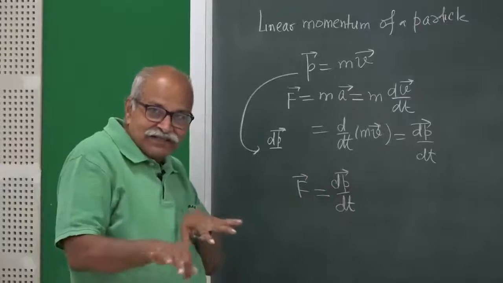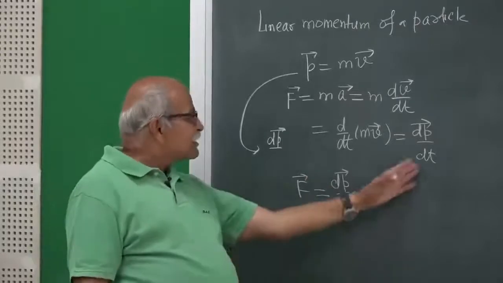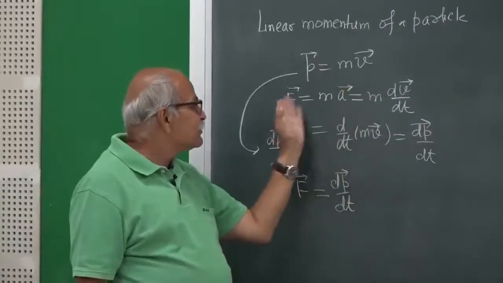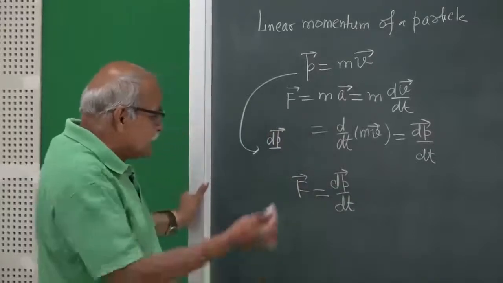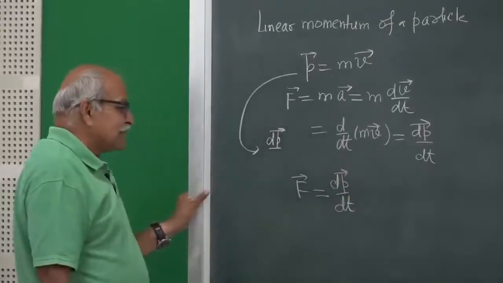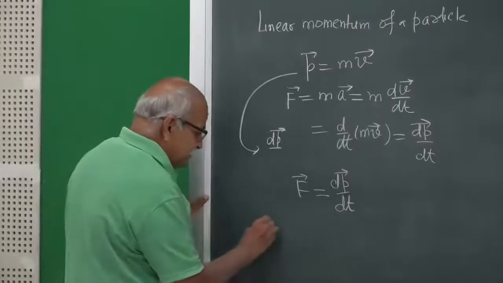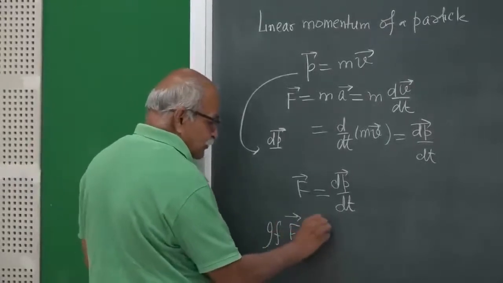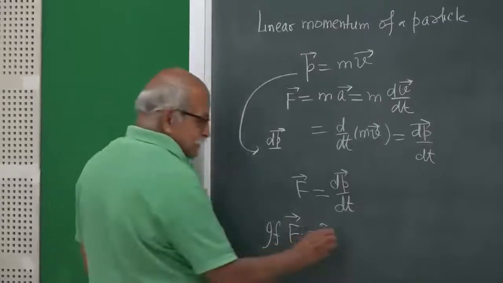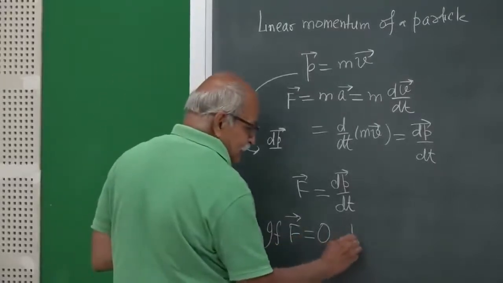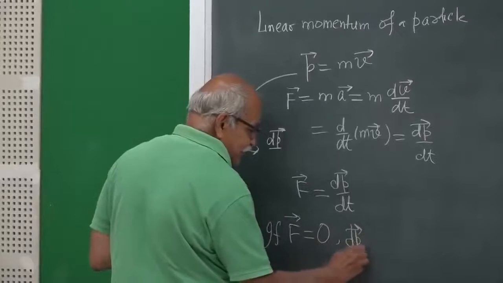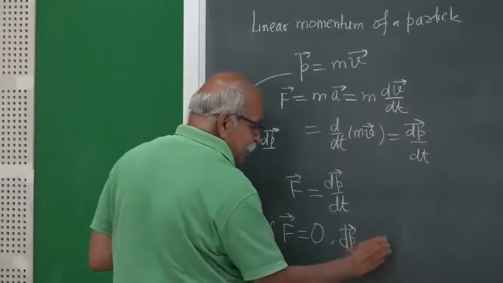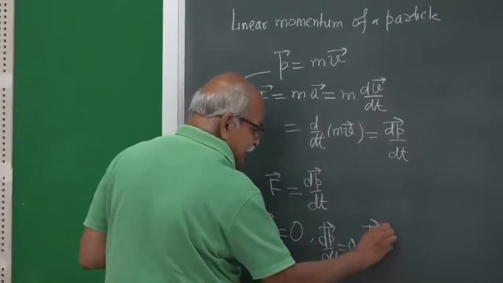That is how Newton started, and then from here we go to this F equal to ma. So, this is about force and P, and if this force is 0, force on the particle is 0, dp dt is 0, and that means P is constant, linear momentum is constant.